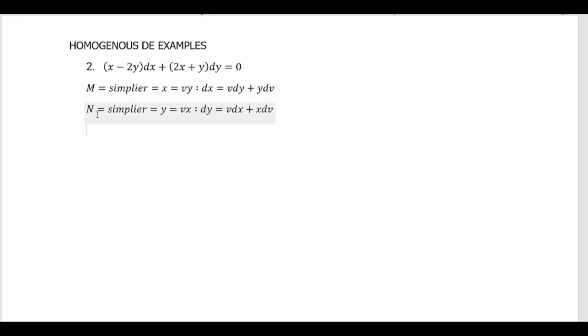If both terms are simple, then we will preferably use N, but it's up to you because you can also use M since it will give the same answer. So let's just use N only.